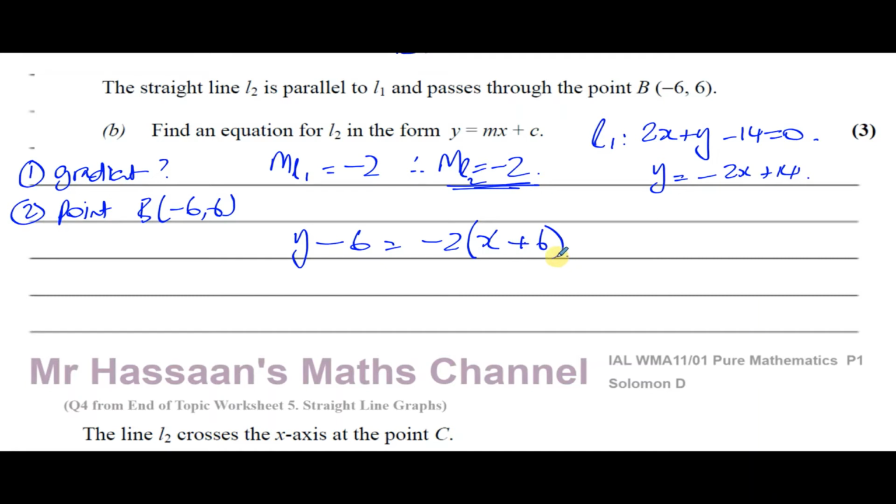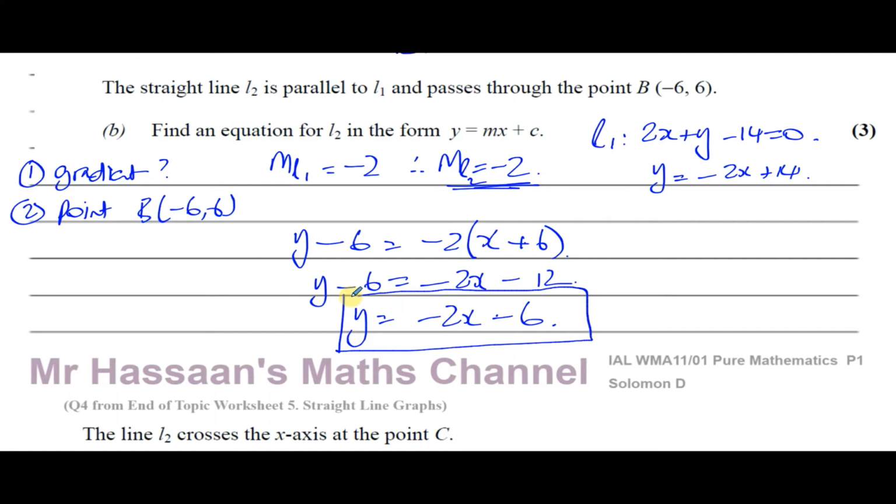Now, they want it in the form y equals mx plus c, so I'm going to make y the subject. So I have y minus 6 equals minus 2x minus 12. And therefore y is equal to minus 2x, minus 12, plus 6, which is minus 6. So y equals minus 2x minus 6 is the equation of the line which is parallel to line 1 and passes through the point B, minus 6, 6.